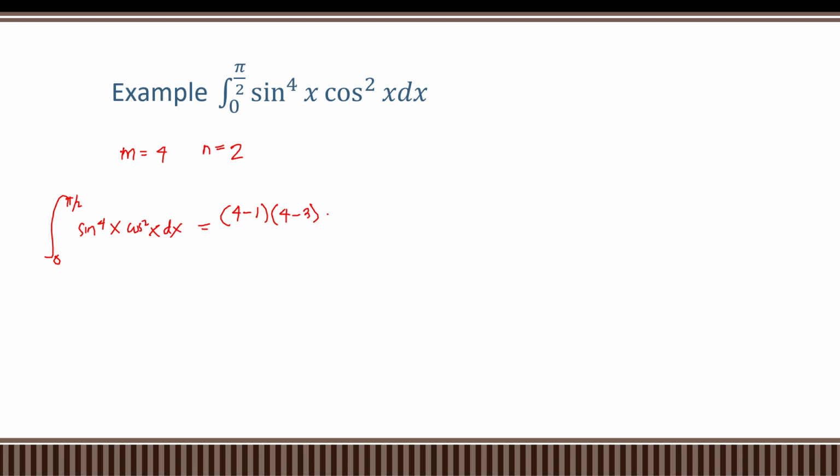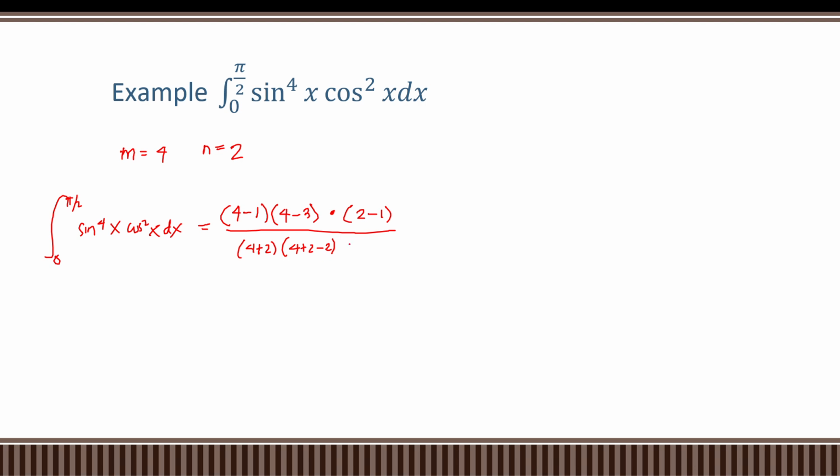We multiply by our n, which is 2 minus 1, therefore 2 minus 1, over our m plus n, which is 4 plus 2, then 4 plus 2 minus 2, and the rest down to 2 or 1.